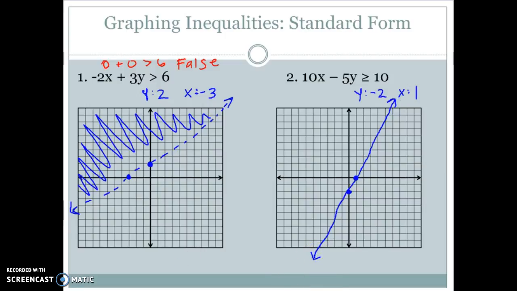And now I'm going to plug in 0, 0 to see where I shade. 10 times 0 is 0. Negative 5 times 0 is 0. Again, 0 is not greater than or equal to 10, so it's another false statement. 0, 0 is on this side of my line. It's not a solution, so I'm going to shade on the other side of my line.